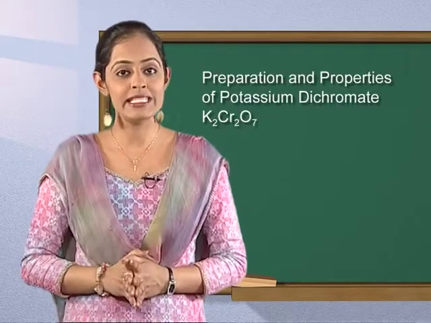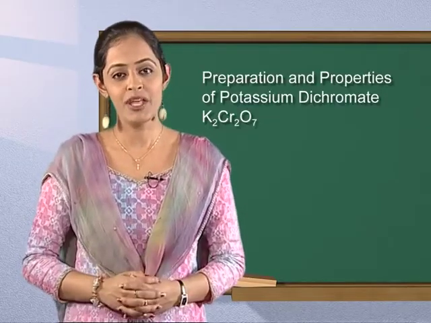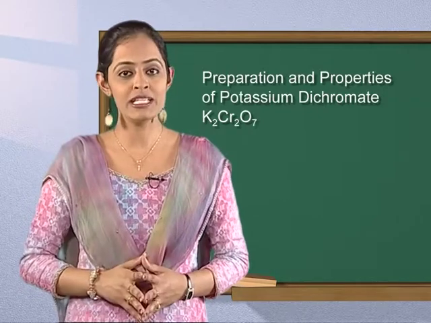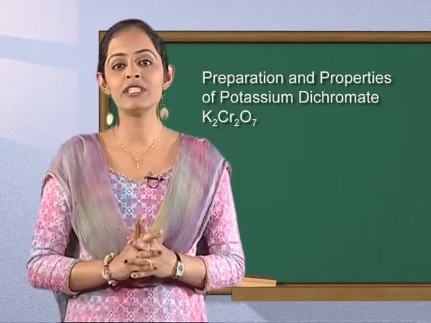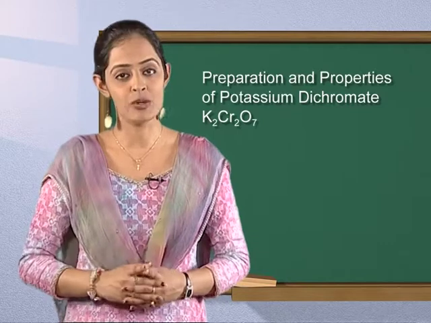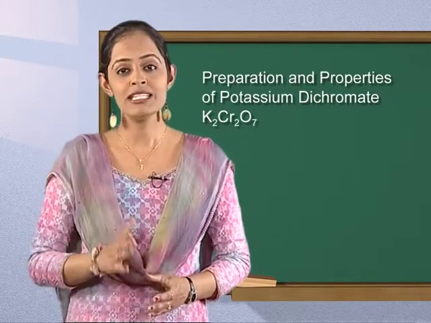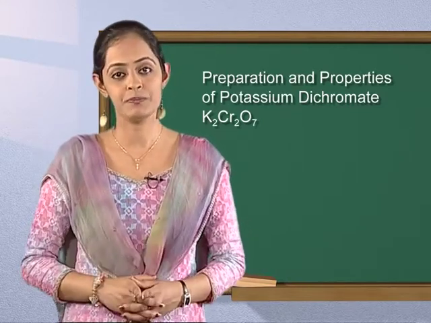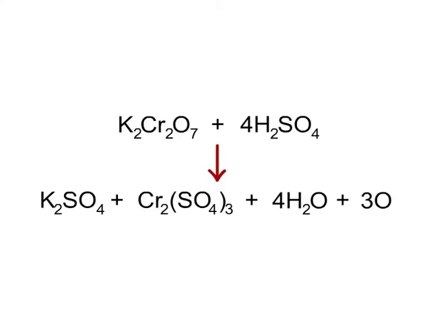Now, let us take one more example in which potassium dichromate also liberates iodine gas from potassium iodide. This reaction takes place in two steps. In the first step, potassium dichromate reacts with sulfuric acid to form potassium sulfate, chromium sulfate, water and nascent oxygen.